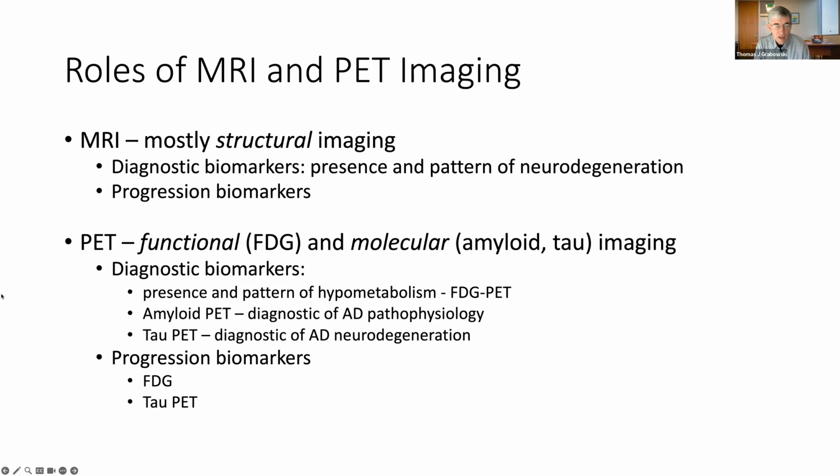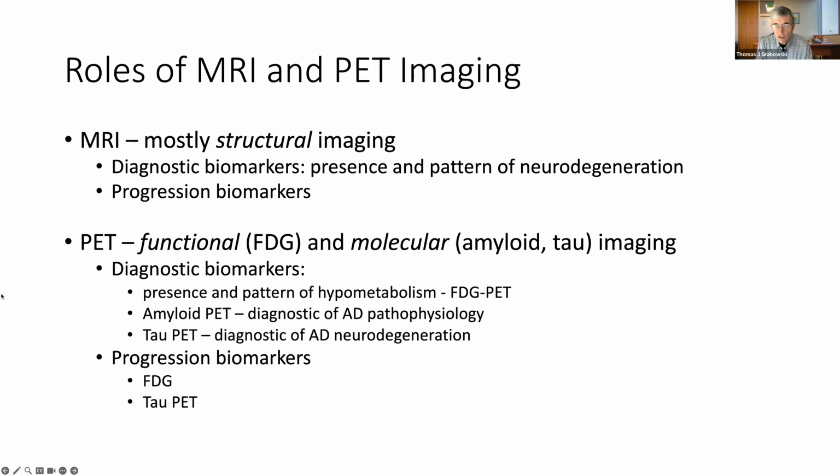PET has two sort of modalities here. There's metabolic or functional PET, which estimates regional glucose metabolism, and that's a sensitive indicator of degeneration, and has been used as a diagnostic marker, especially when you have variant presentations of disease.